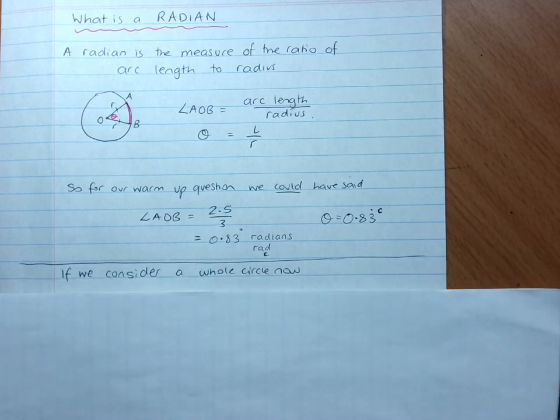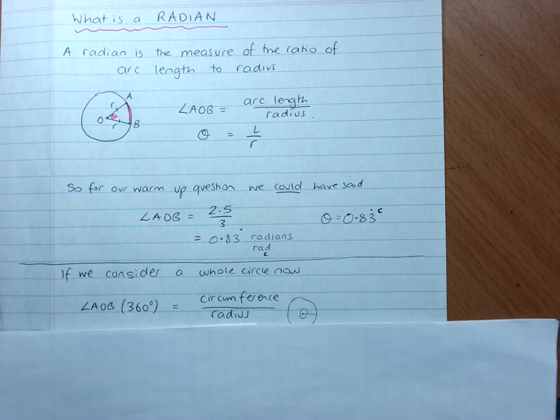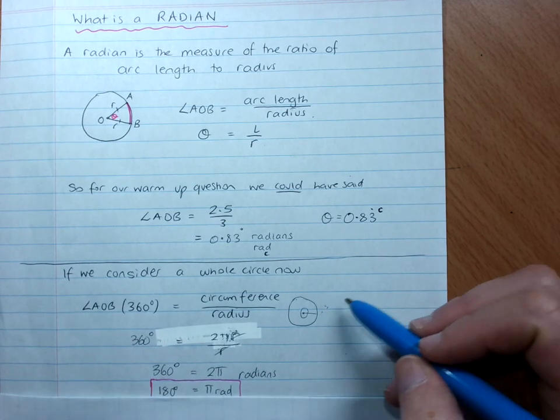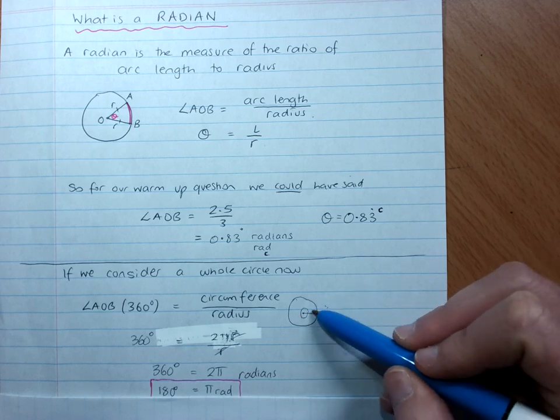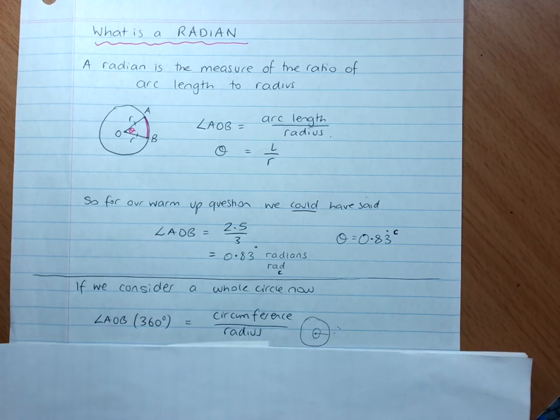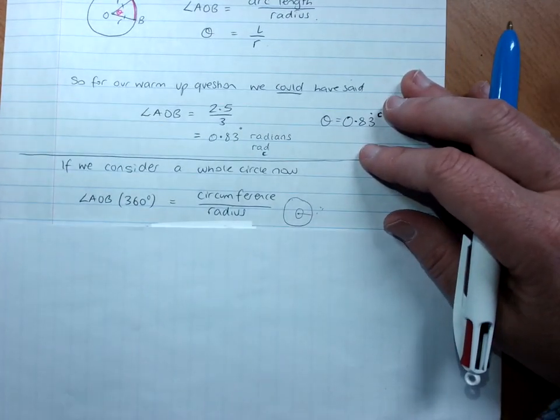So if we now think about an entire circle, we could say that angle AOB, the angle at the centre, and let's put a circle here, here's our circle. The angle at the centre is 360 degrees. It's equal to the circumference over the radius. That's our definition of radian.